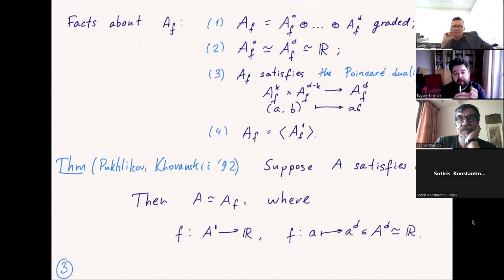Well, you can take a polynomial so you won't mod out by A of 1, you're saying. Well, this is true, but what happens to the higher components?